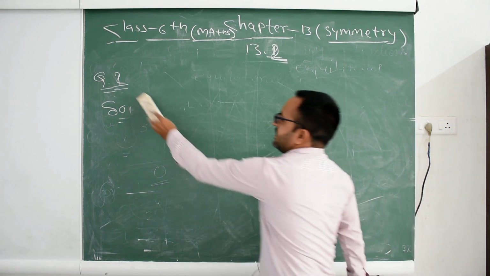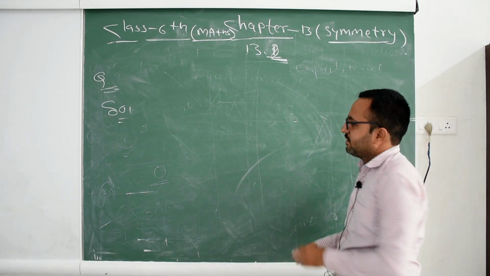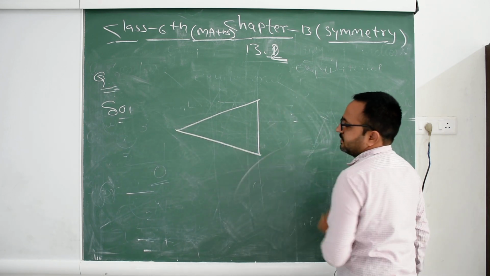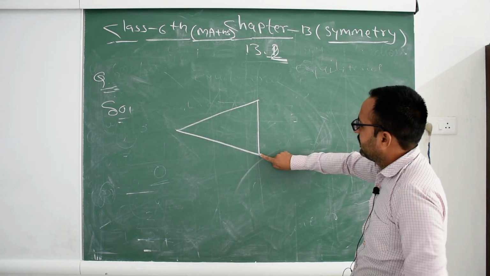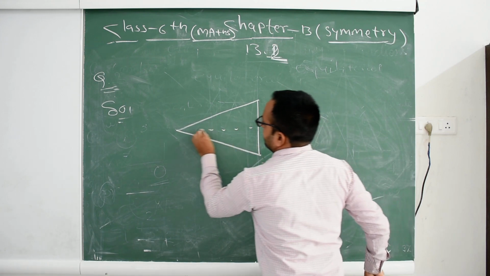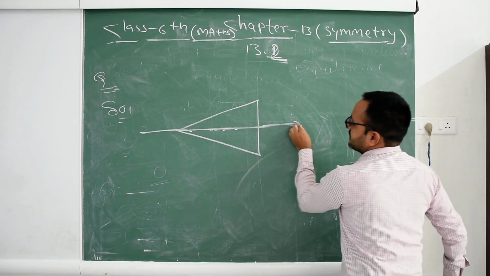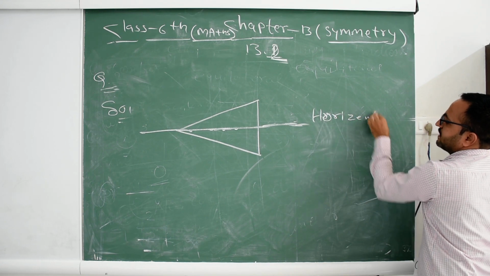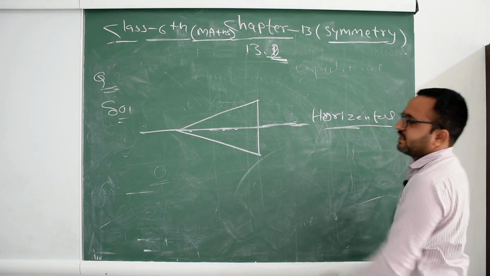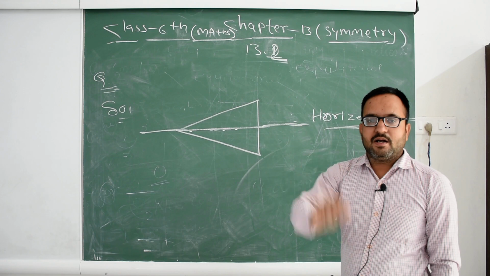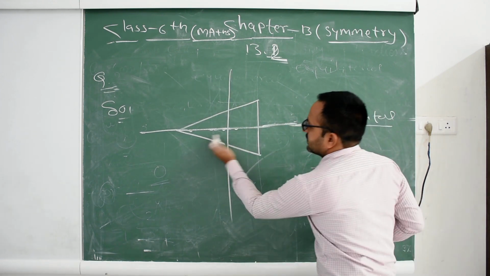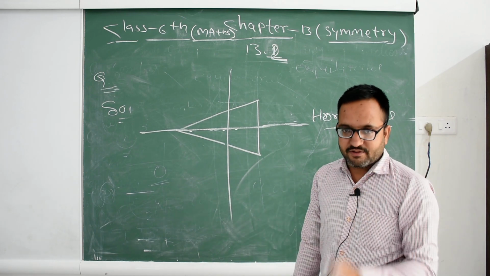If we draw this type of triangle, we put the horizontal line of symmetry, but we can't put any vertical line of symmetry because this portion and this portion differ.